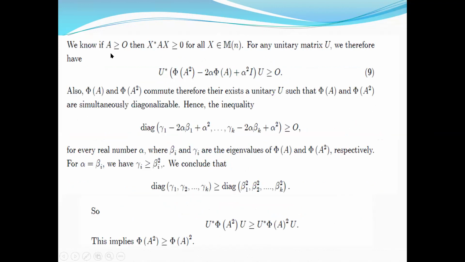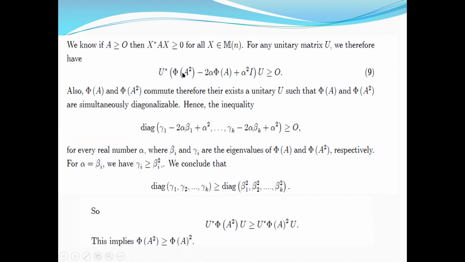Also, we use the same result: if A is positive semi-definite, then X*AX is also positive semi-definite for all X belonging to M_n. Therefore, for any unitary, this matrix is positive semi-definite. Now, phi(A) is Hermitian, and we are assuming that it commutes with phi(A^2).